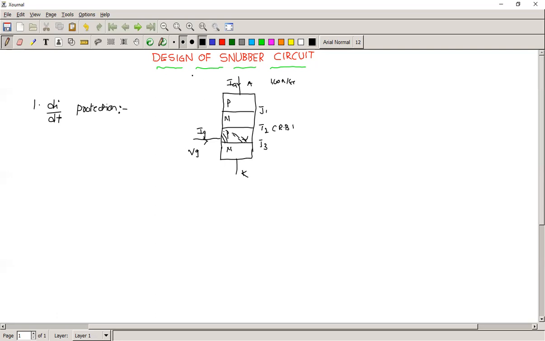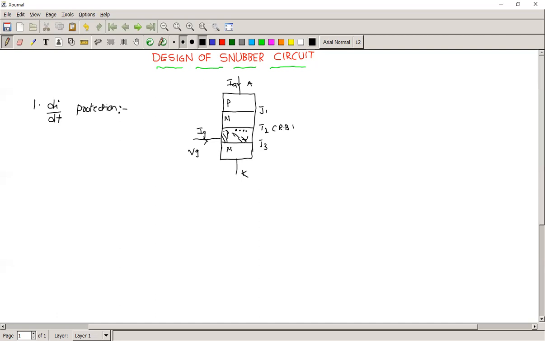The gate current is slowly distributed throughout the cathode region, but if the change in anode current is more than the distribution of the current inside the SCR, then local hotspots will occur.